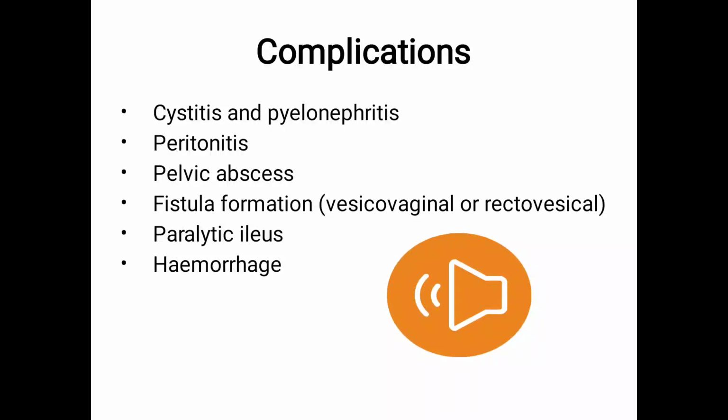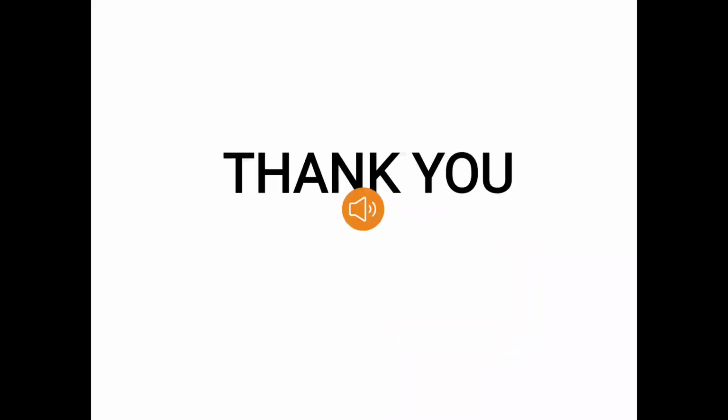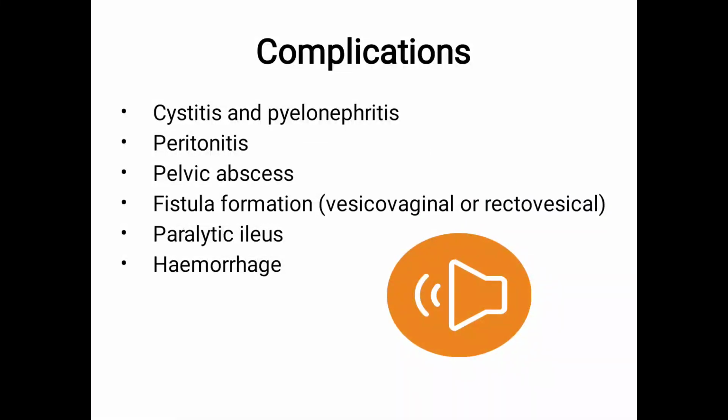The complications following rupture of the bladder are cystitis, pyelonephritis, peritonitis, pelvic abscess, fistula formation like vaginal and rectovesical, paralytic ileus, and hemorrhage.